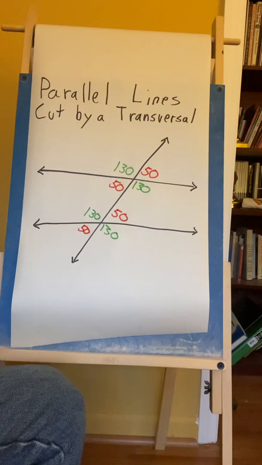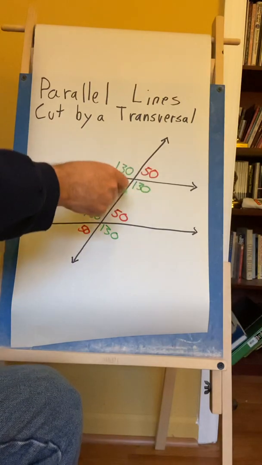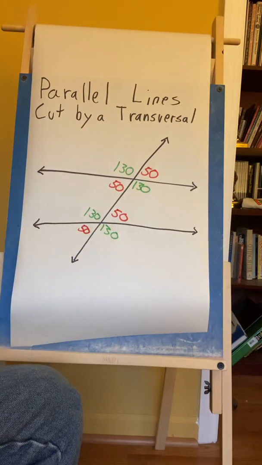Now, a couple things I want you to notice is there's 8 angles altogether, only 2 different numbers. And those 2 different numbers are in fact supplementary. You see a 50, 50, 50, 50, and a 130, 130, 130, 130.